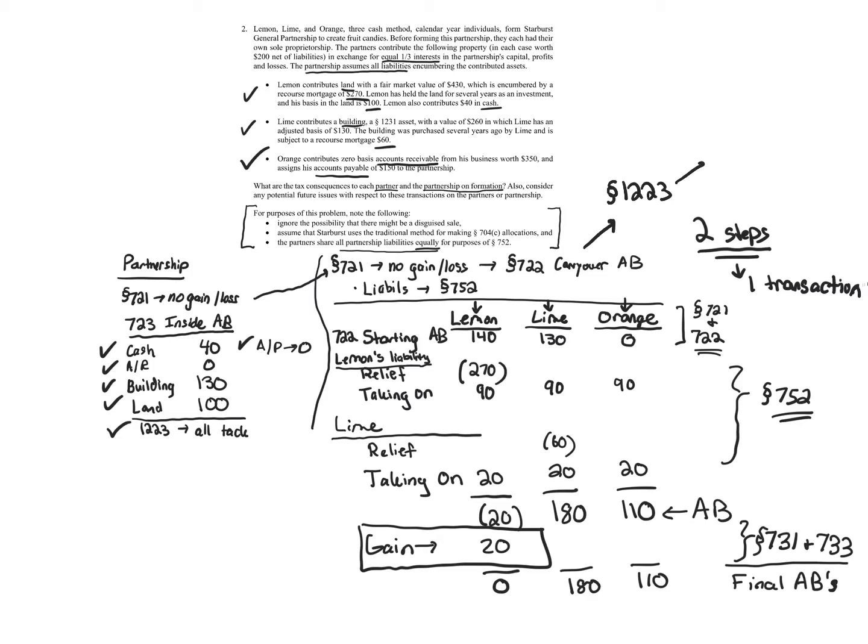So Lemon has a split holding period. Lime contributes section 1231 property and therefore has a tacked holding period. Orange would be all fresh start because accounts receivable and accounts payable are ordinary income.